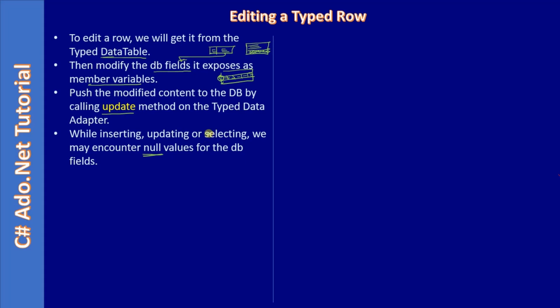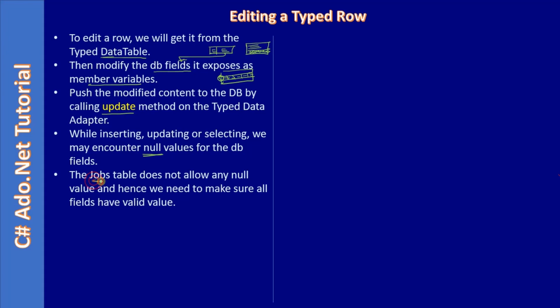That means the database does not allow null. So when you are reading, you will not encounter a null value. But when you move to some other example, there will be a possibility of getting a null value for the fields. Right. So while selecting, and even when you do insert and update, you may encounter a null value.